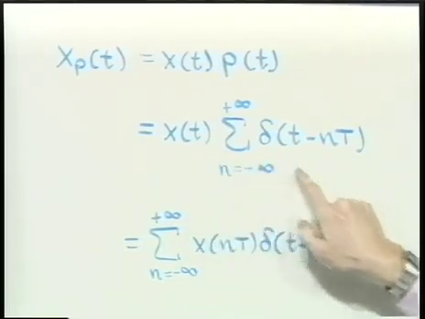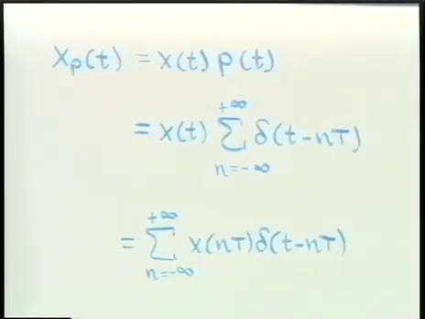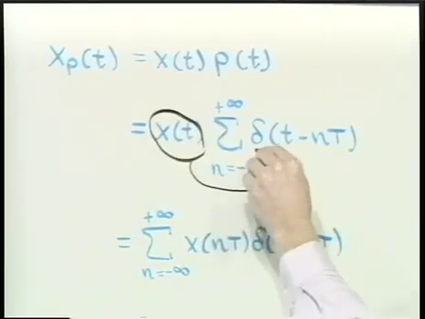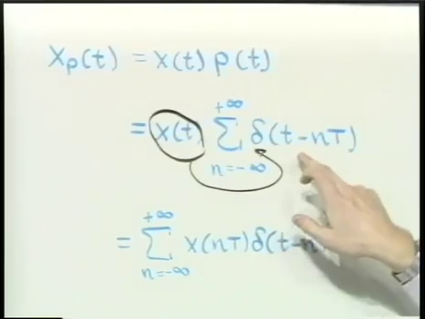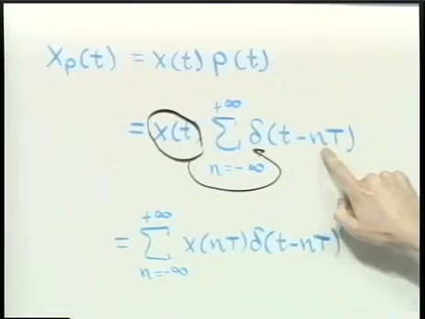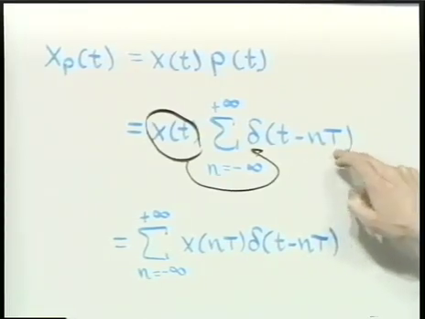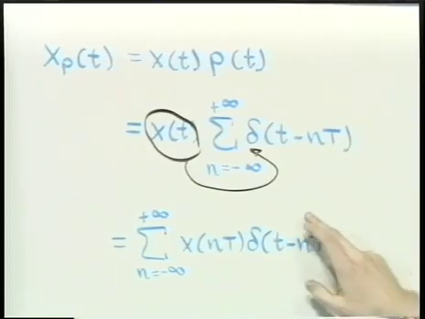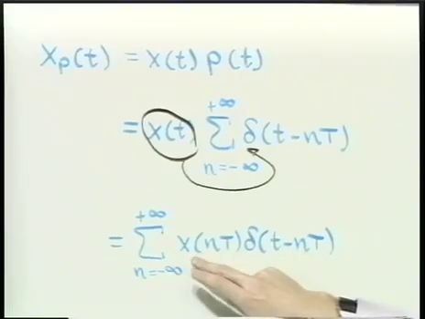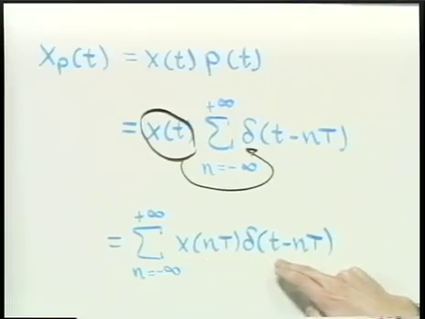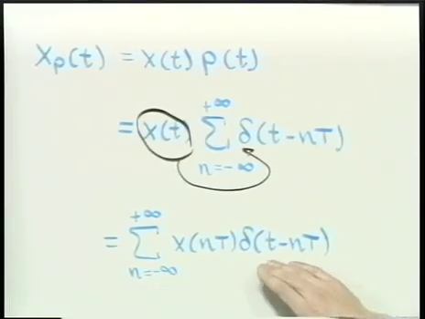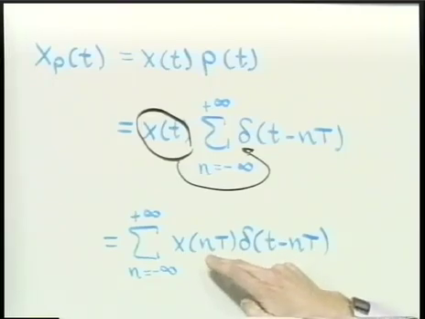And because of the fact that this is an impulse train, in fact, we can take this term inside the summation, and of course, what counts about x of t in this expression is just its values at the sampling instants, which are displaced in time by capital T. And so what we can equivalently write is the expression for the impulse train of samples, as I've indicated here. Simply an impulse train whose areas are the sample values.